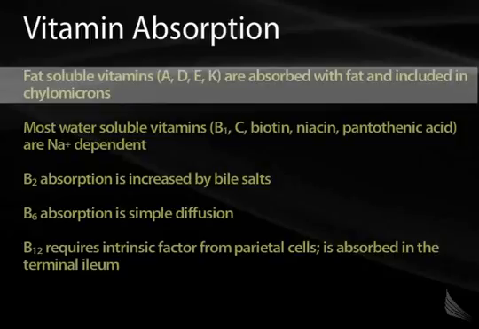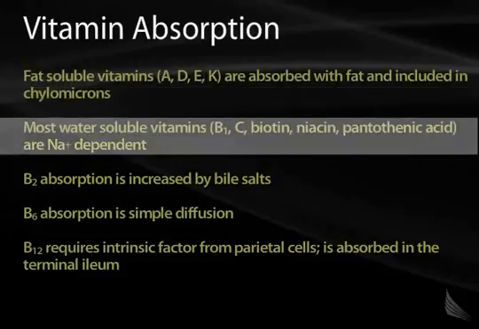Vitamins such as the fat-soluble vitamins A, D, E, and K are absorbed with fat and included in chylomicrons as they are absorbed. Therefore, in disorders such as abetalipoproteinemia, where there is impairment of chylomicron absorption, you will also have impairment of absorption of the fat-soluble vitamins.